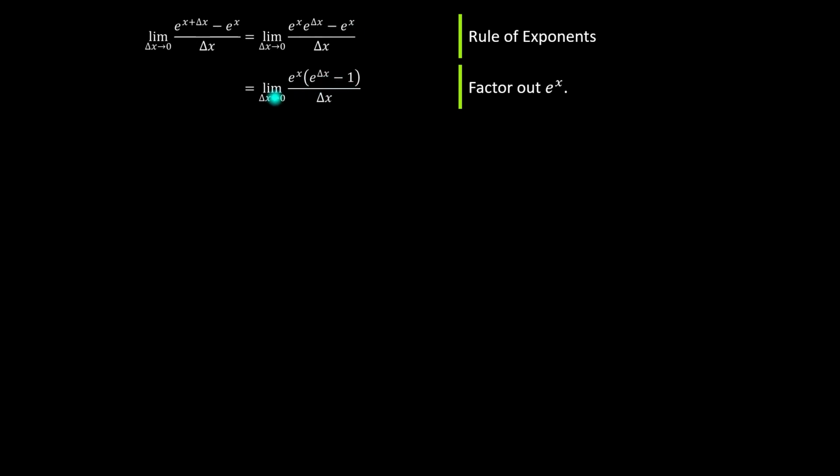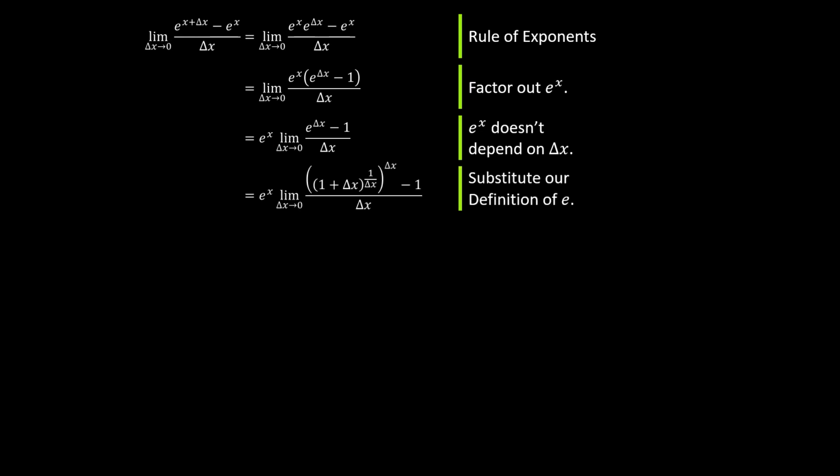And importantly, that e to the x doesn't depend on delta x. It's just e to the x, not e to the delta x. So from the perspective of that limit, e to the x is just a constant. It's not changing based on what the limit cares about, that delta x. So I can pull it out, which is what I've done here.